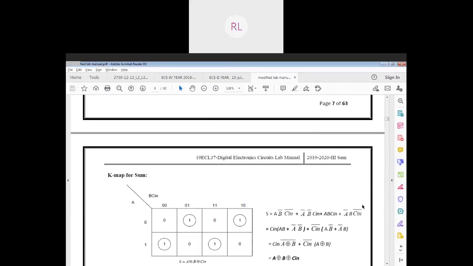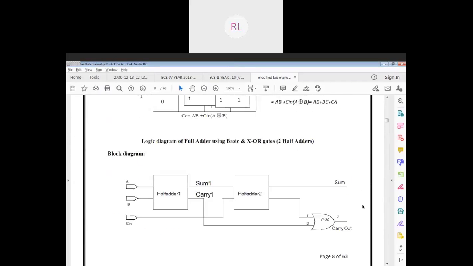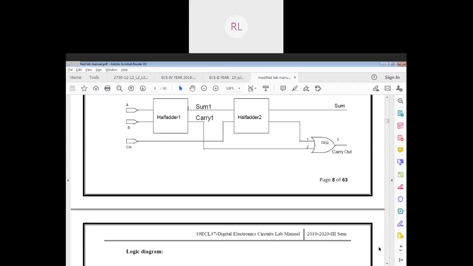You can see -1, -2, and -3, so 3 ICs I'll be using for its implementation. Any doubts here, students? Any doubts with whatever we discussed so far?